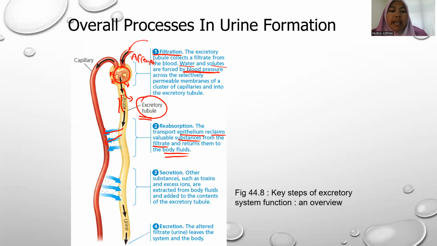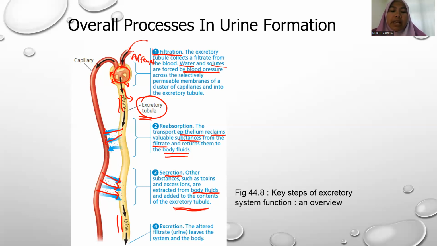Secretion is the process by which other substances, like toxins, drugs, and excess ions, are secreted from the body fluid or from the surrounding blood capillary into the excretory tubule to be excreted in the urine.